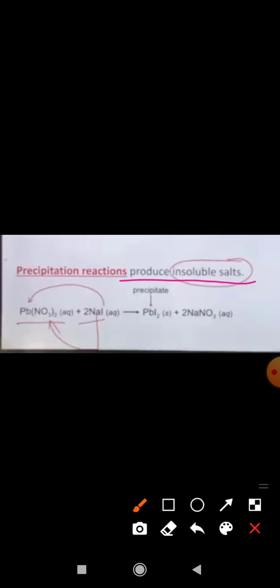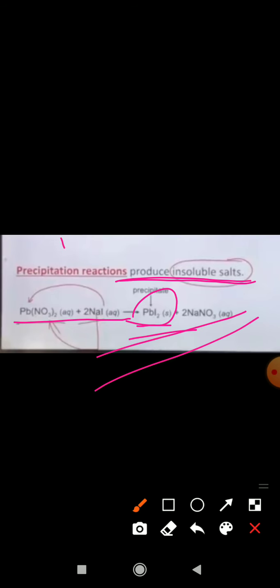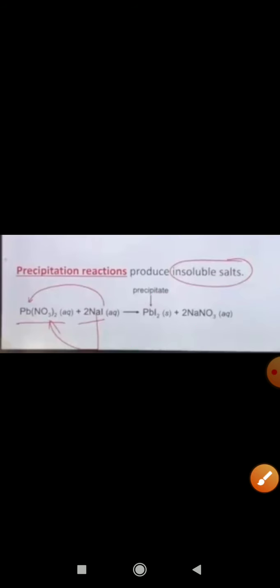For example, this equation produces the salt PbI2, lead iodide, which is insoluble. We can learn more about this in the next part. A reaction that produces an insoluble salt in the product is known as a precipitation reaction, and that insoluble salt is known as the precipitate.